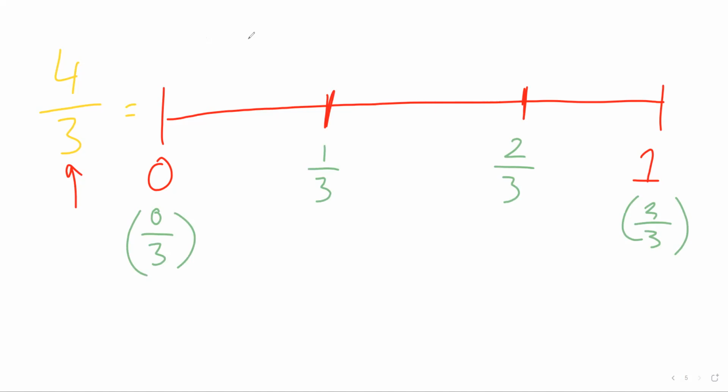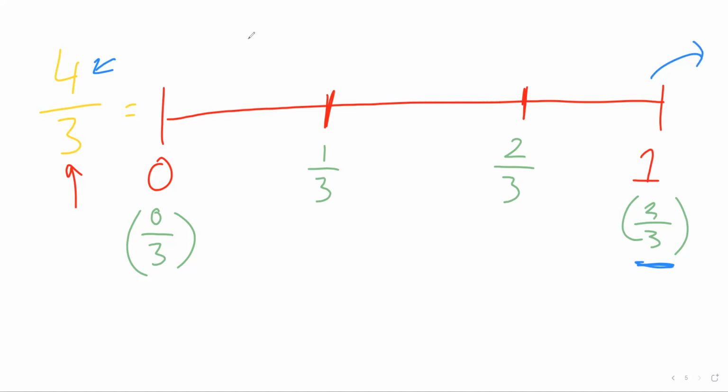Oh, wait, I didn't nail it because we're actually looking for 4/3. And if I look at my number line, 4 out of 3 actually doesn't even fit on here because here's 3 out of 3. And 4 out of 3 would actually come after this, right?